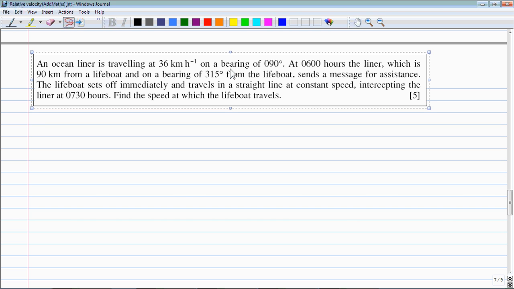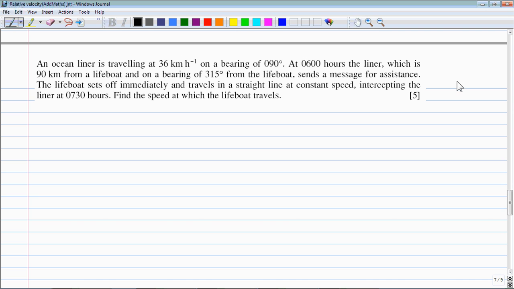Remember, bearing tells us the angle from north. So if this is north, a 90-degree bearing is actually due east, because that's 90 degrees clockwise from north. So the ocean liner is travelling due east, and at a certain time the liner is at a 90-kilometer distance from a lifeboat, so that's another object.